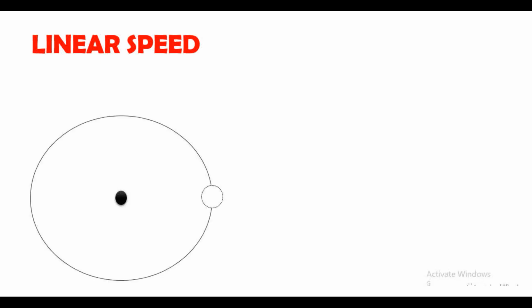Now we will be discussing our last topic of this video, that is linear speed. After that we will be learning the relation between the linear speed and the angular speed. Linear speed is the rate of change in linear distance.